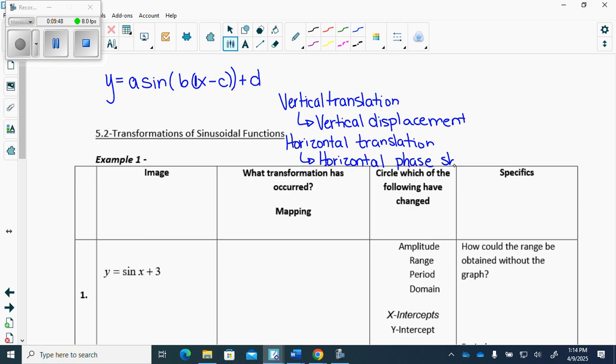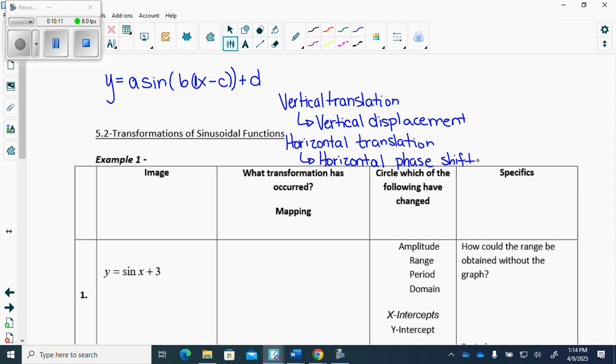My favorite is when phase is spelt with an F. It's not, but it does happen. So vertical stretch sounds the exact same. Nothing changes. Reflections are the same. But vertical translation and horizontal translation are vertical displacement and horizontal phase shift.